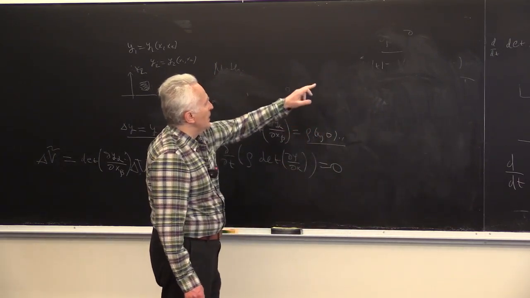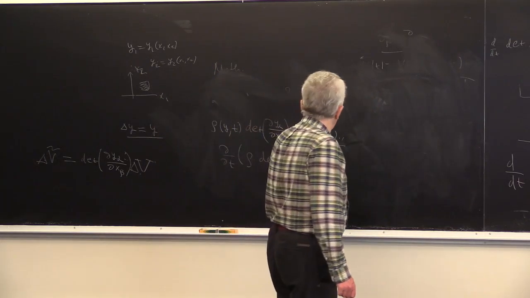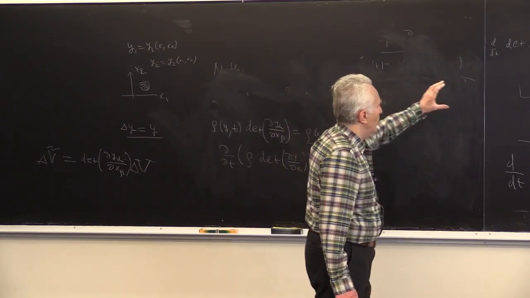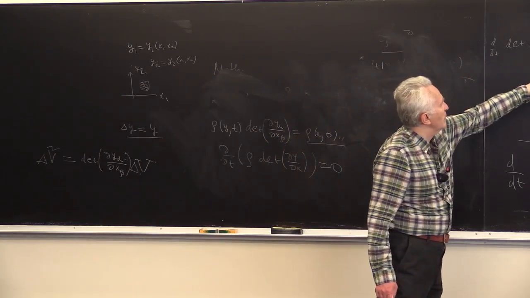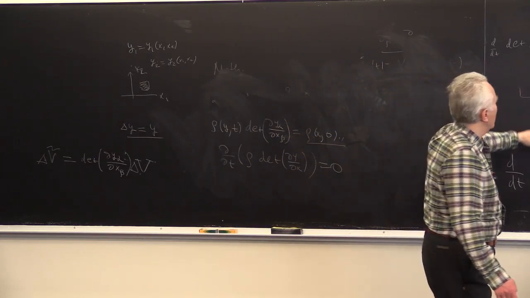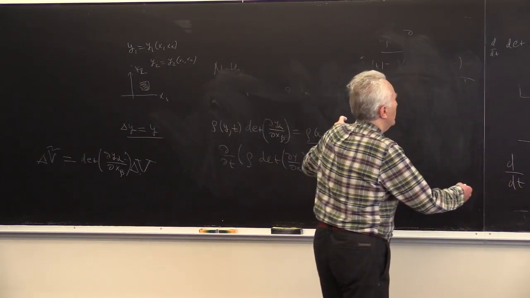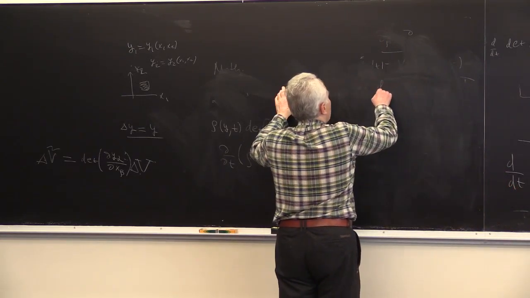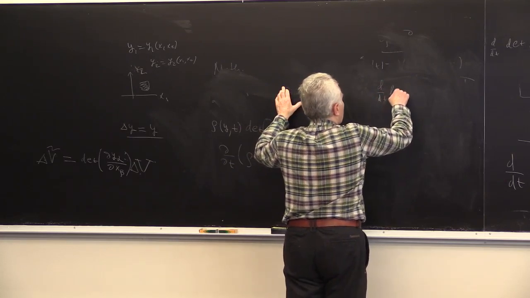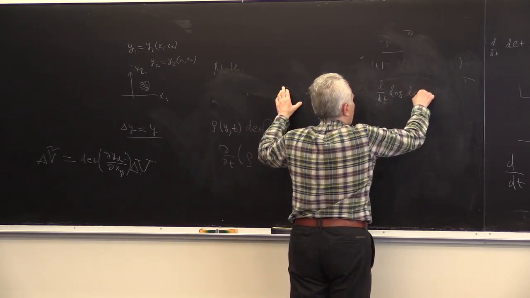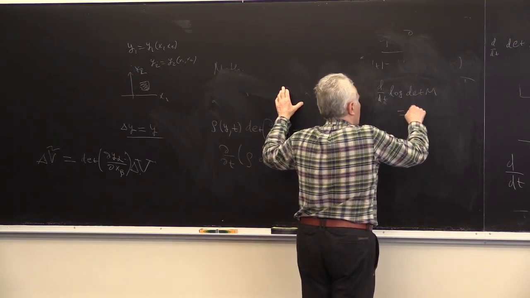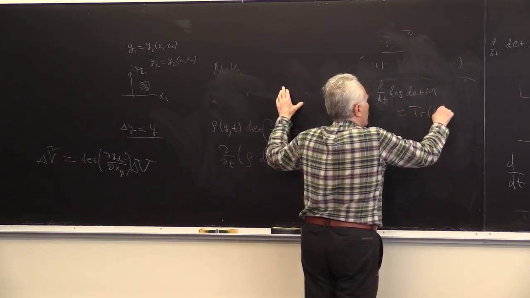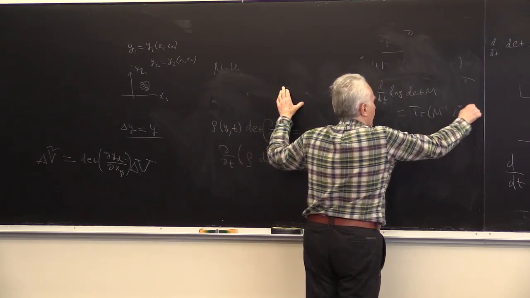It's again very easy to transform it into the Euler form using this formula for the determinant. So once again, the formula for the determinant: d dt logarithm of the determinant of m is trace of m minus 1 times m dot.